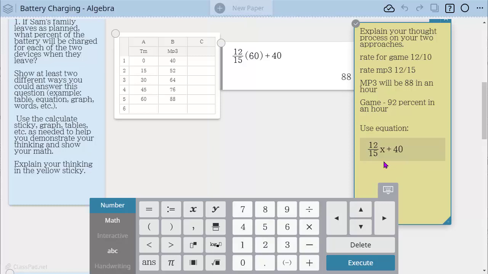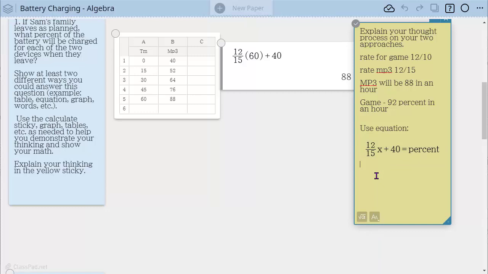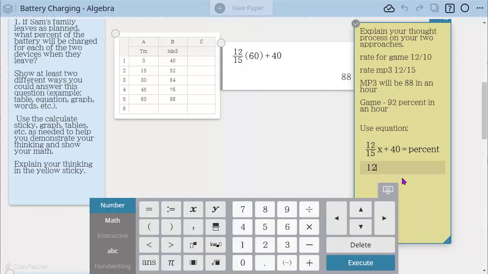So this equals my percent, total percent, my Y, okay? And then for the other one, it would be 12 over 10, which we figured out from the table already. And it started at 20, and that's going to be the percent for this one.